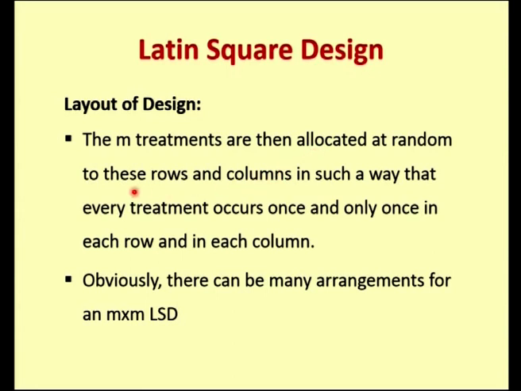In the layout of the Latin square design, the m treatments are allocated at random to these rows and columns in such a way that every treatment occurs once and only once in each row and each column. So, there are many possible arrangements in an m cross m Latin square design.